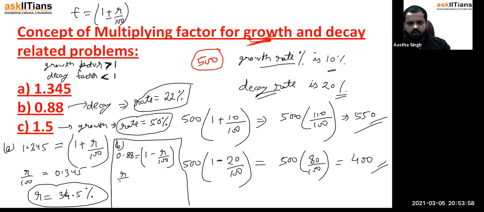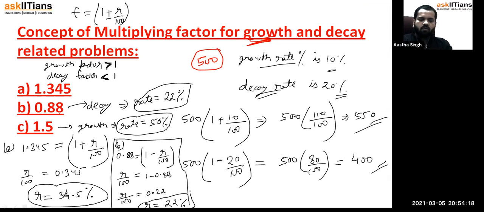So basically r upon 100 will be what? 1 minus 0.88. 1 minus 0.88 is what? 0.22. r upon 100, so basically your rate will be 22%. Guys, this is what your rate and your decay factors are, right? I think you got the point.